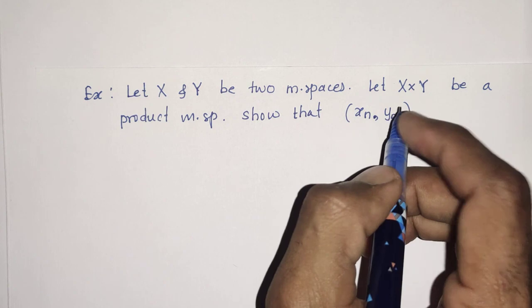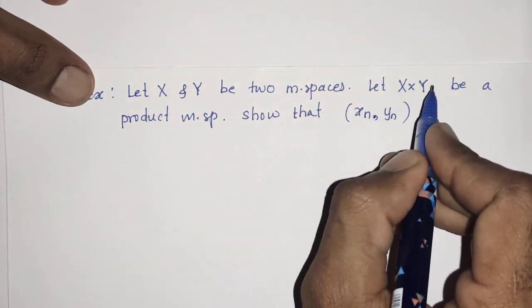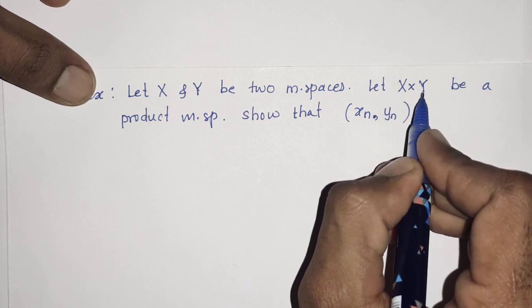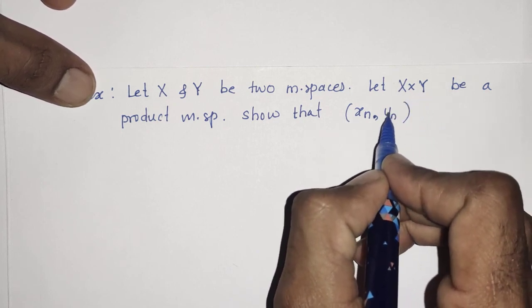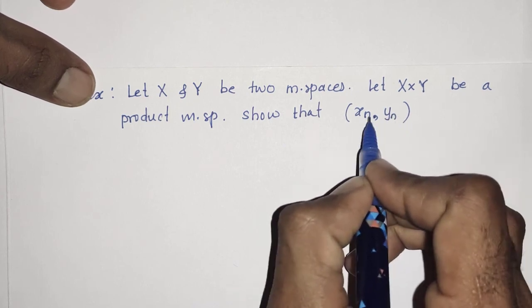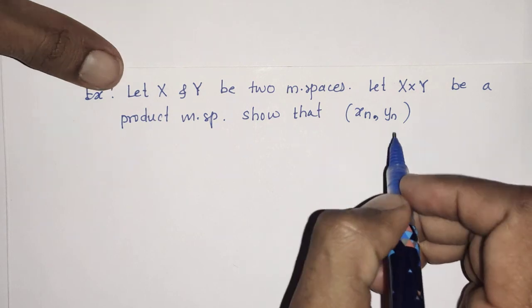We have seen the product metric space in the first chapter. If X and Y are two metric spaces, then X cross Y is also a metric space, defined as the distance between (x1, y1) and (x2, y2) equals the maximum of the distance between x1 and x2, and the distance between y1 and y2. So we will see that in the solution.